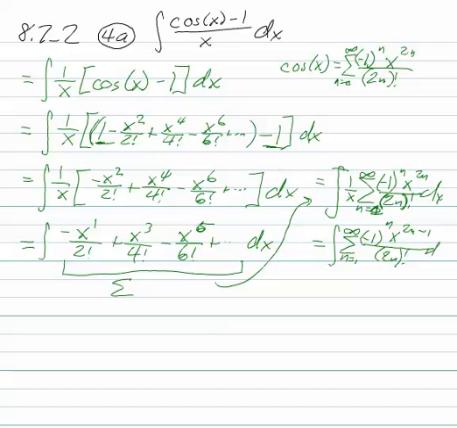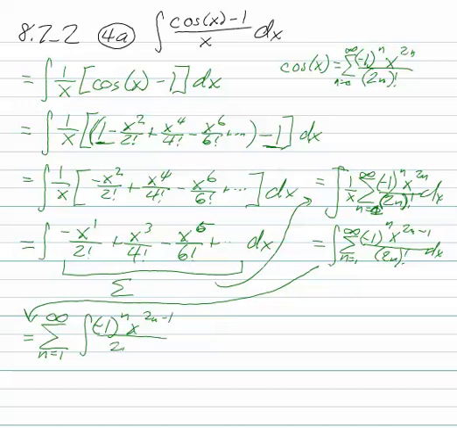Now, I'm trying to integrate. So, to take the antiderivative of this, one nice fact is that the integral and the series swap places. That's the fact we've used a couple of times, but I'd like to write it out once explicitly, you might say. Negative 1 to the n, x to the 2n minus 1 over (2n) factorial dx.